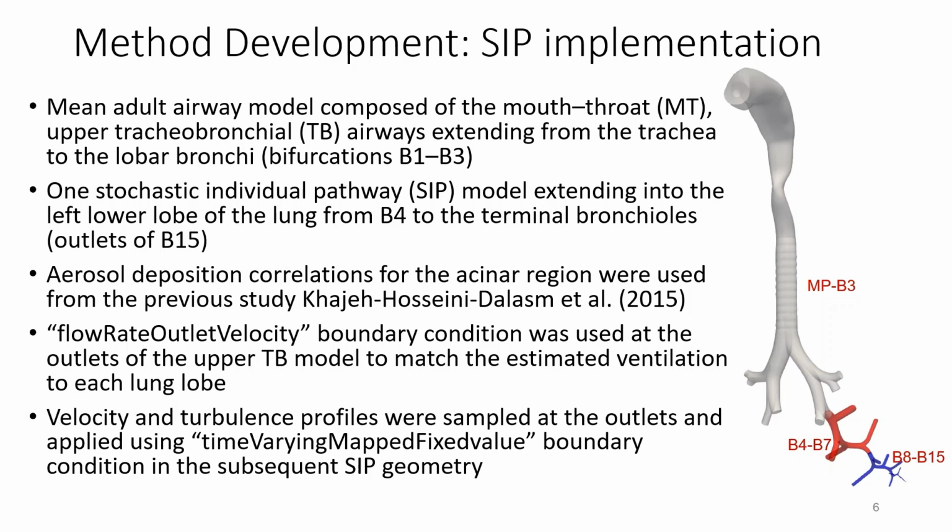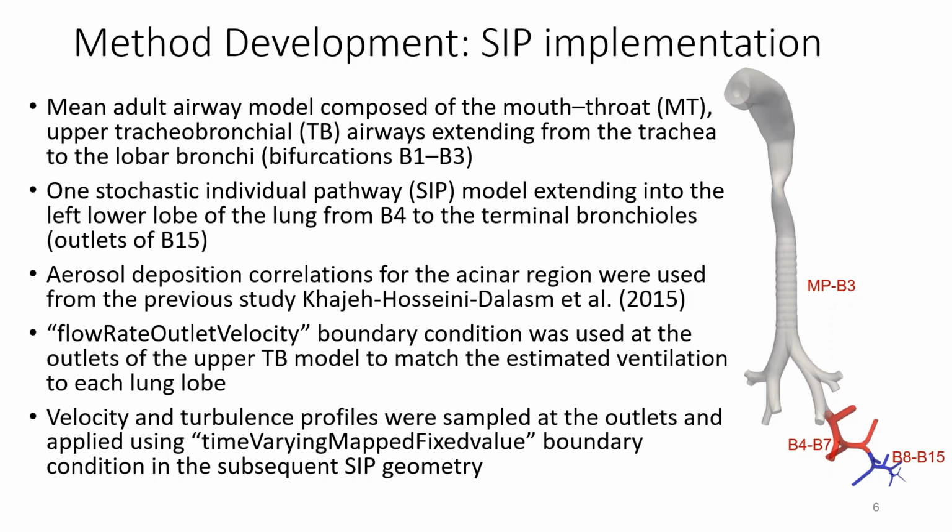Previous studies have reported that one SIP pathway in the lower left lobe is representative of average lobar deposition. Therefore, we have implemented SIP pathways in the lower left lobe using two SIP models, one extending from bifurcation 4 to bifurcation 7 and another from bifurcation 8 to terminal bronchial bifurcation 15.